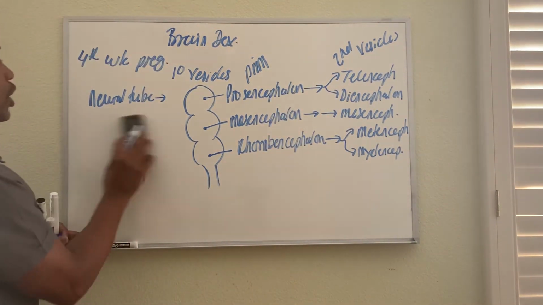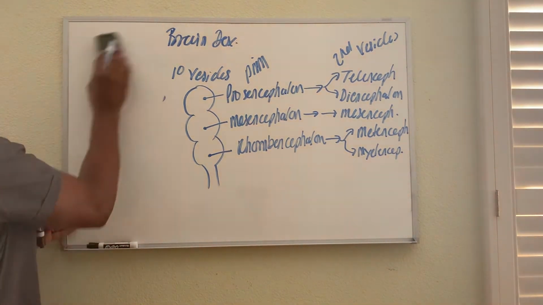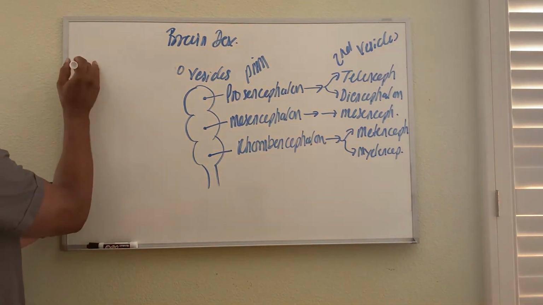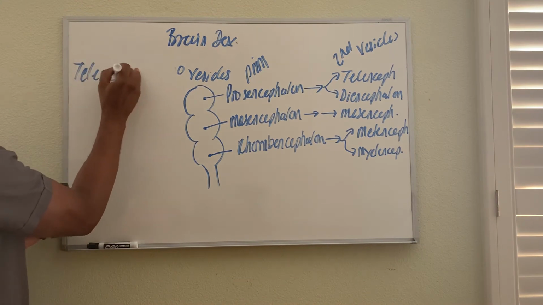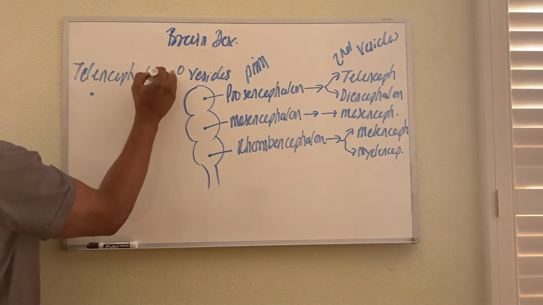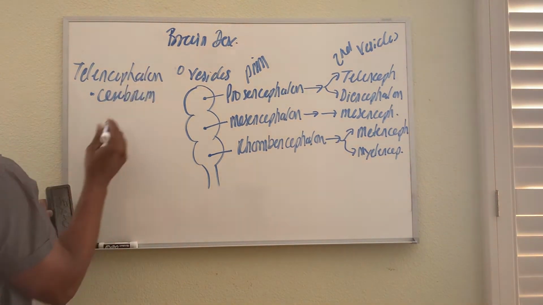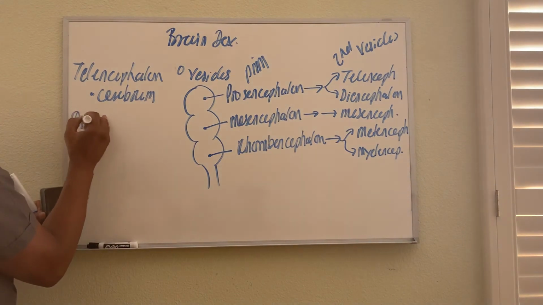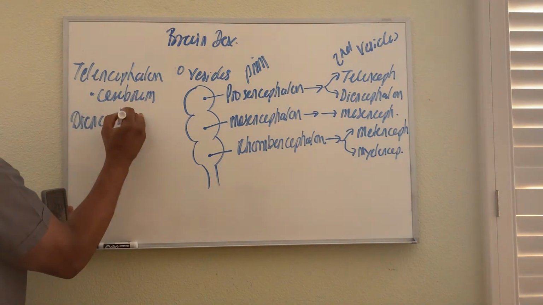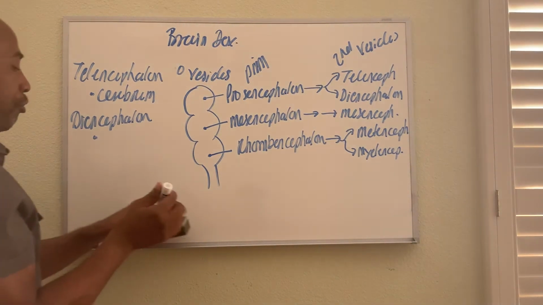So I want you guys to know that your telencephalon gives rise to your cerebrum. Okay, your diencephalon gives rise to the usual 3 structures up there.